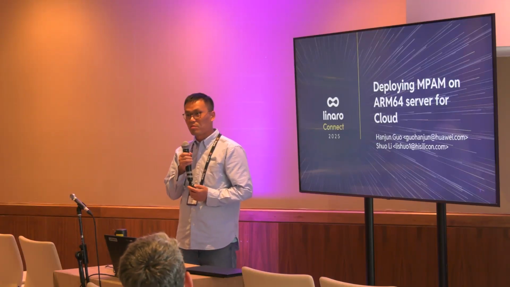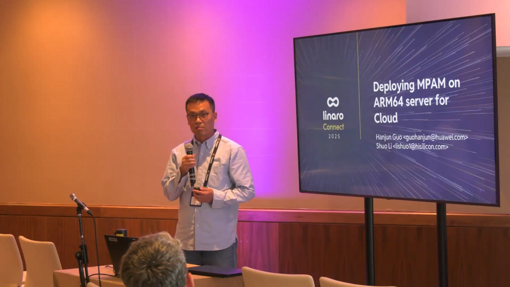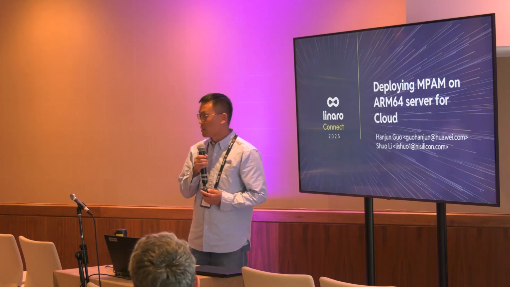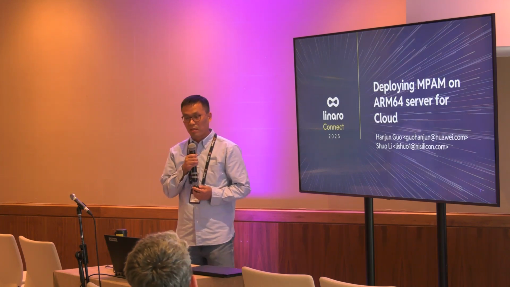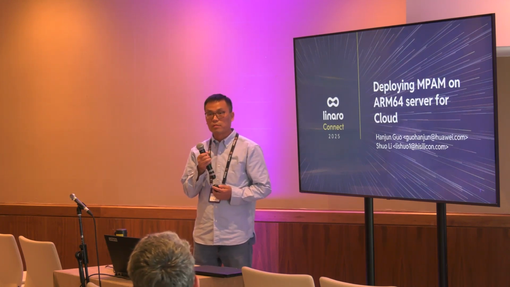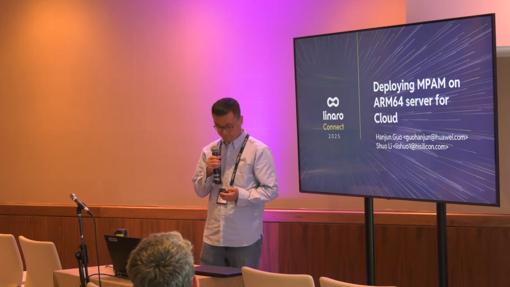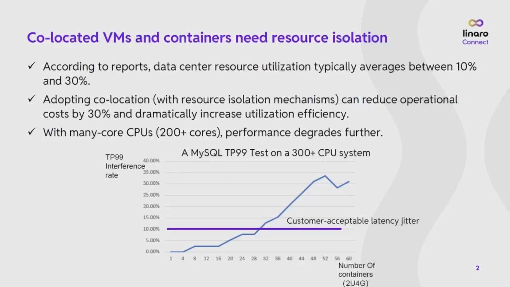I'm not going to talk about the MPAM implementation details, but about deploying MPAM on the cloud using servers. Here's the background. We are talking about the cloud, where we run virtual machines and containers.